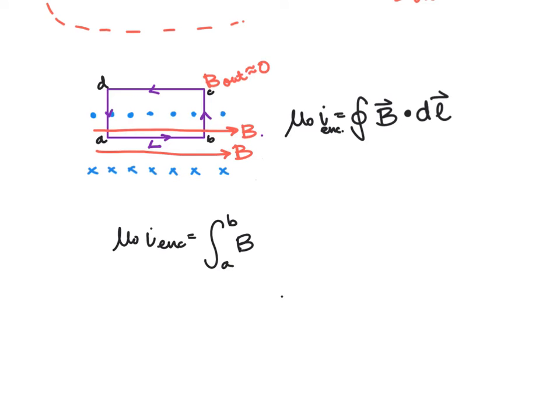So then I can write this as just B dL. And I'm going to add to it the line segment from B to C.